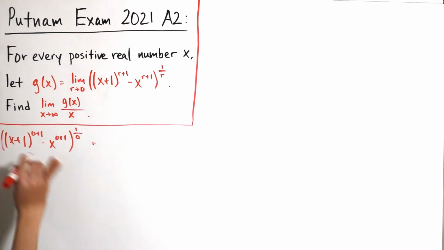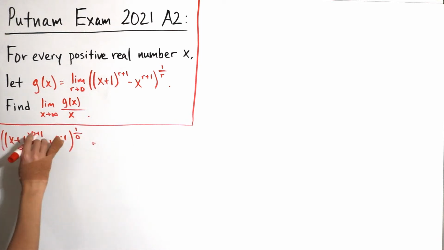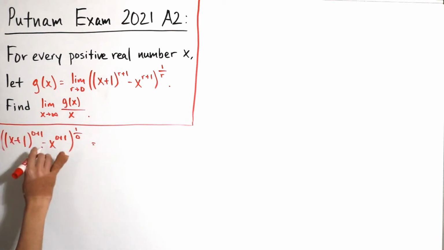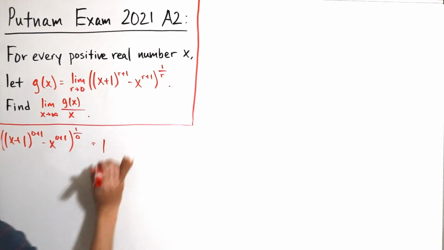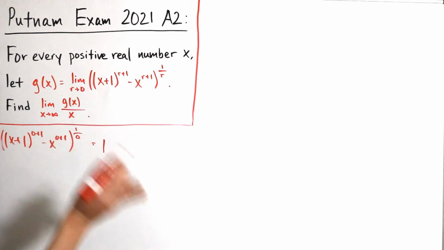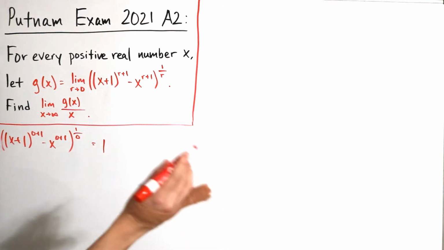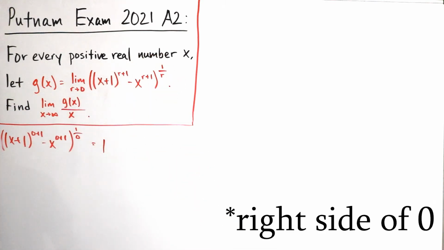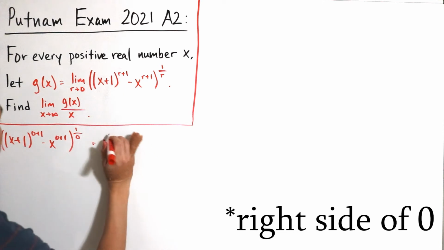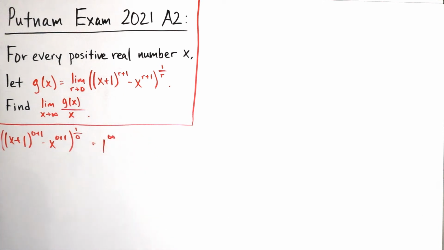Of course, this is just x plus 1 to the power 1 minus x to the power 1. The x will cancel each other out, so we're left with 1. However, 1 over 0 is undefined. But if we look at it from the positive side, you'll see that this is actually going to approach infinity. So in the form, we have a 1 to the power infinity indeterminate form.